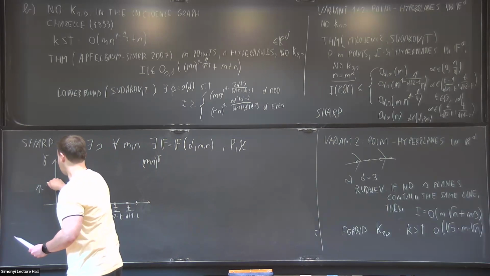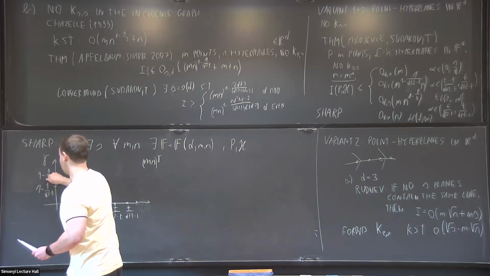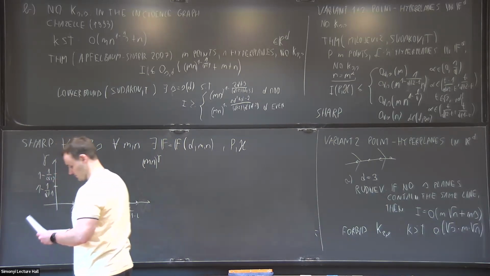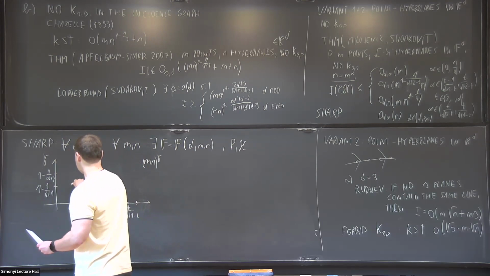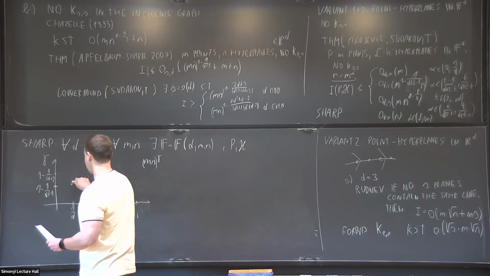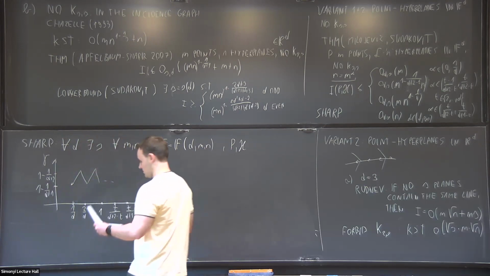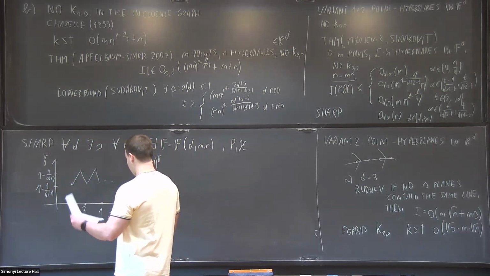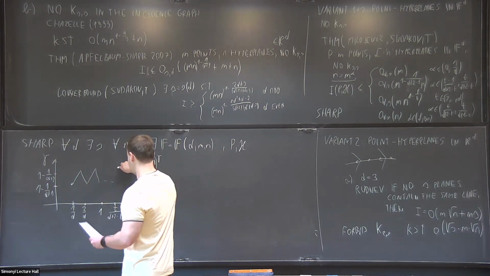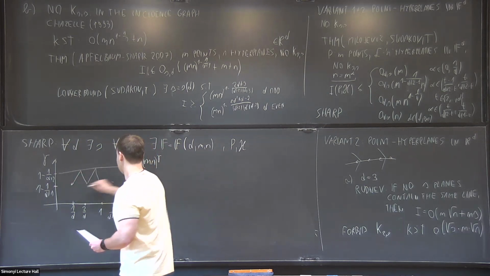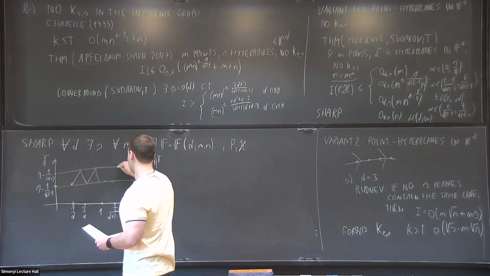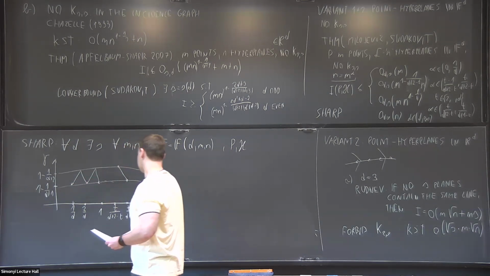Now it turns out that our exponent is actually jumping between 1 minus 1 over d plus 1 and 1 minus 1 over d plus 2. So at this point, it's 1 minus 1 over d, it goes up, it goes down, goes up, goes down. And in general, at these kinds of points, this is up at 1 minus 1 over d plus 2, and then it goes down to 1 minus 1 over d plus 1.